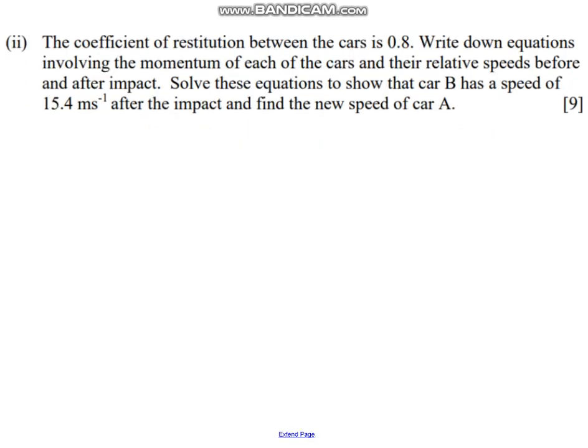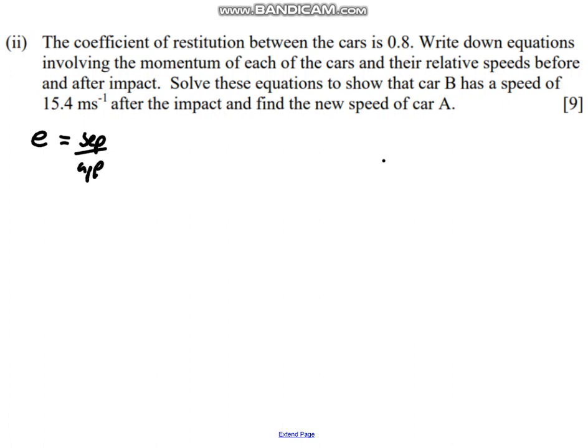On to B here. Notice that we are given some information regarding our Newton's restitution. We know that E is equal to the separation speed over the approach speed.